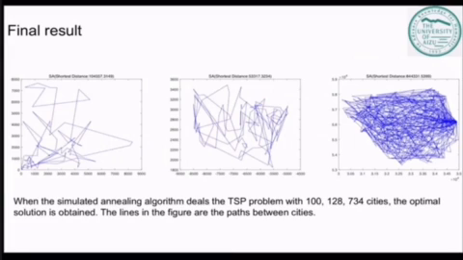The three pictures from left to right are the city connection maps obtained when the simulated annealing algorithm deals with the TSP problems. The results obtained by the simulated annealing algorithm are similar to the tabu search algorithm, and it fails to converge to the global optimal solution in a limited iterative process.